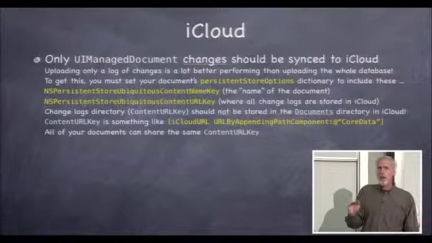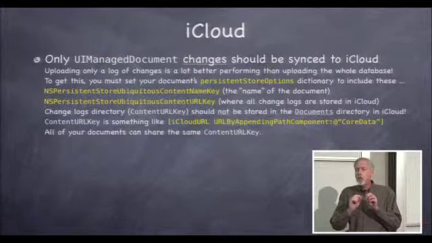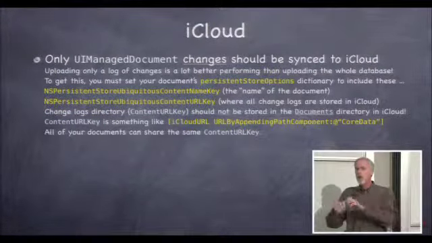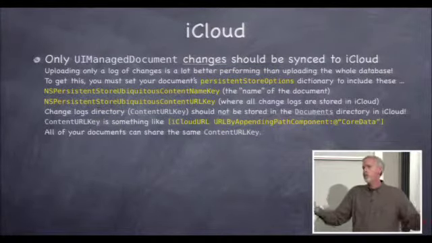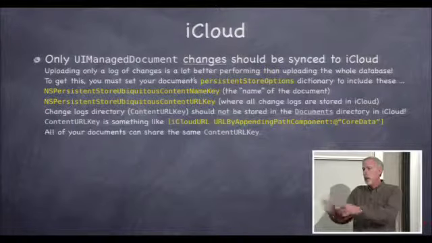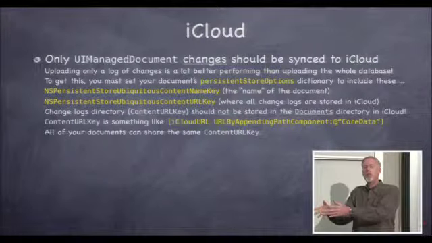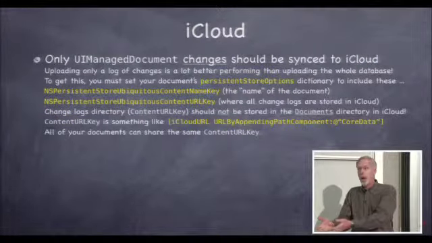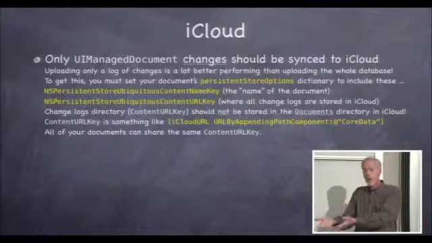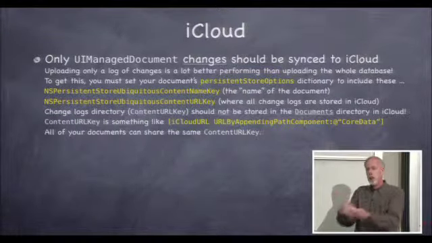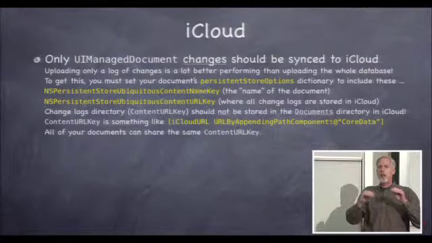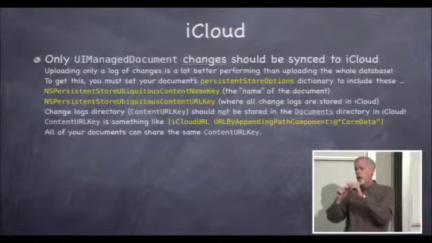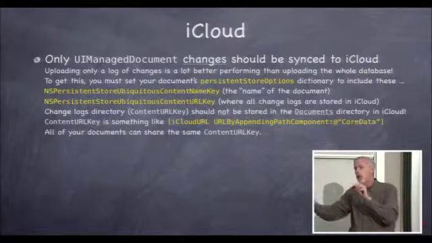This next one, the persistentStoreUbiquitousContentURLKey, I think it's supposedly optional, but I'd set it anyway. What this is saying is this is the URL in the cloud where all those change logs are going to be put. As all the changes are made to the Core Data, that's where it's going to put them. That does not want to be in your documents directory. It wants to be in the cloud somewhere, but not in your documents directory. Probably in a directory that's a sibling of the documents directory, like maybe the iCloud URL slash core data or slash transaction logs.